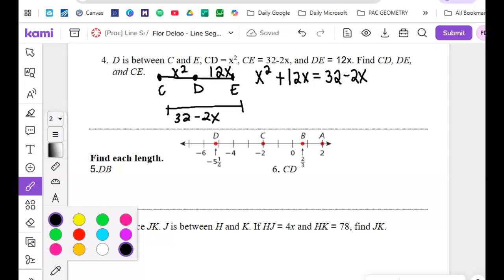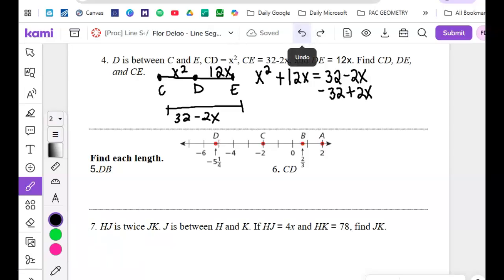Who remembers? Yes, you have to put it into the formula. If you use the quadratic formula, you can do that. But before you do the quadratic formula, everything needs to be set equal to what? 0. So you have to move it all to one side. Yes, move everything to this side. So I'm going to do minus 32 and plus 2x. That'll give me this equals 0, right?